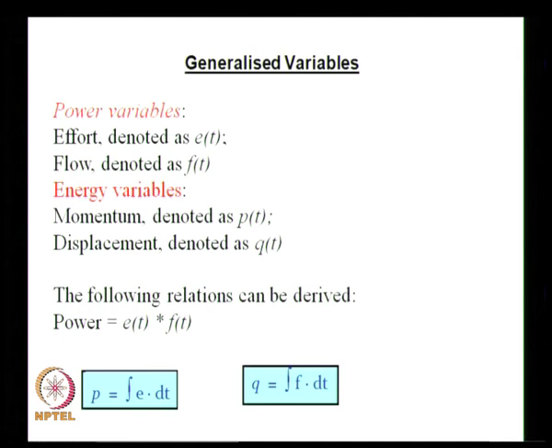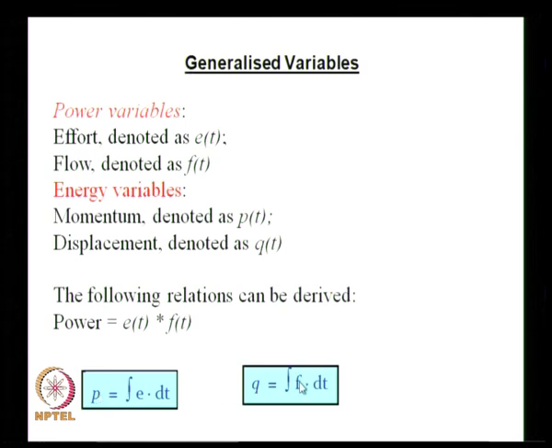The other two variables are momentum denoted by P(t) and displacement denoted by Q(t). You can see here the momentum is represented by P and displacement by Q, and they are not independent. P is an integral of effort, so P is obtained by integral E dt and Q is the integral F dt, that is, the integration of F will give you the displacement, and integration of effort will give you the momentum.